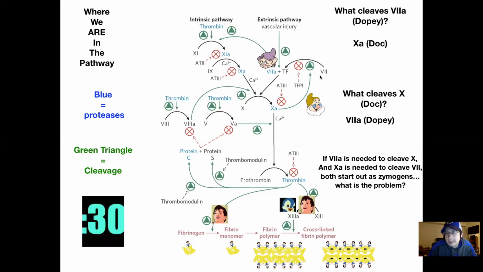So here's the thing. How about you think about answering this question basally, without any vascular injury. This pathway needs to be turned off. You don't want blood clots forming, generally speaking. So which form of the proteases should they be in?